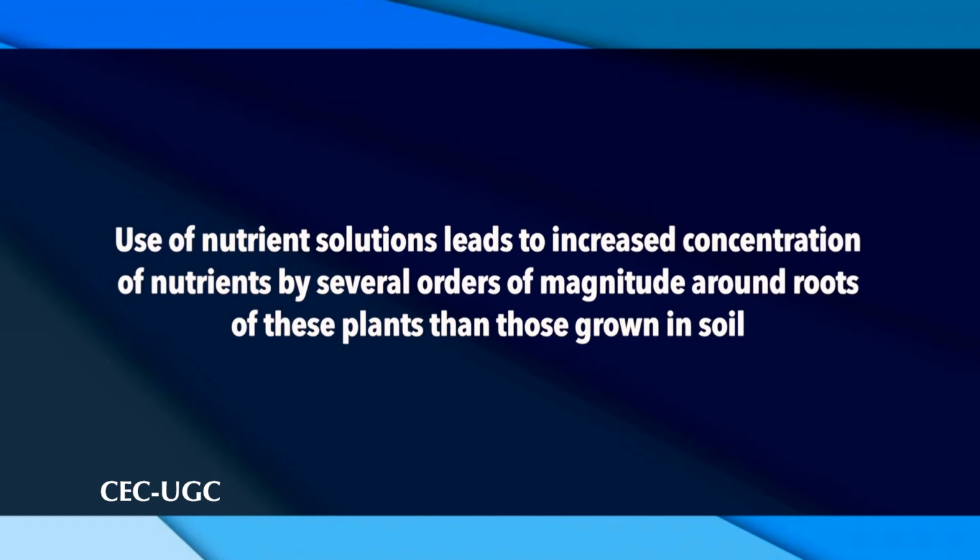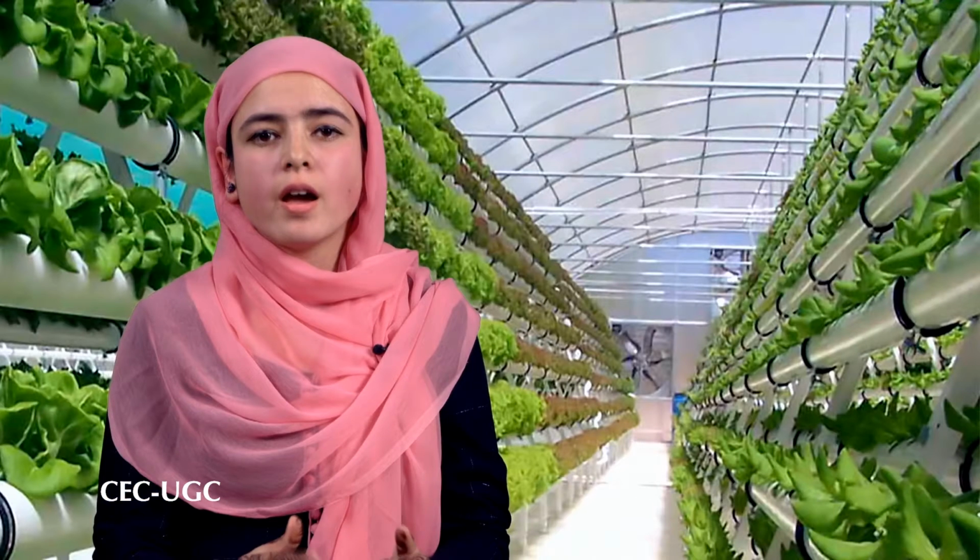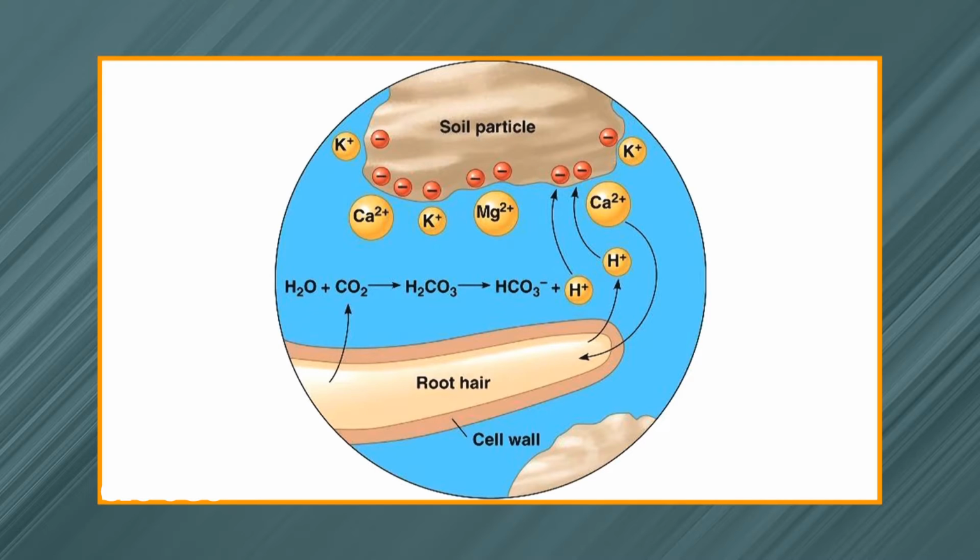The use of nutrient solutions leads to increased concentration of nutrients by several orders of magnitude around the roots of these plants than those grown in the soil. For example, concentration of phosphorus in the soil solution is normally less than 0.06 ppm, but in nutrient solutions it is offered at 62 ppm.